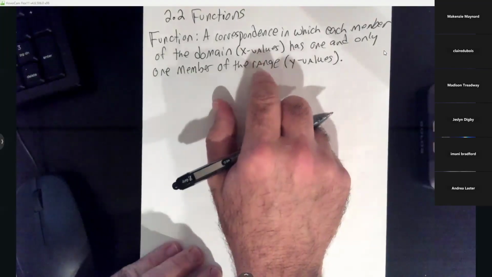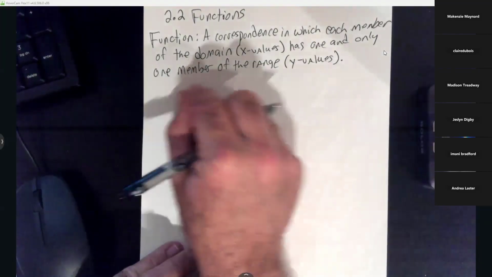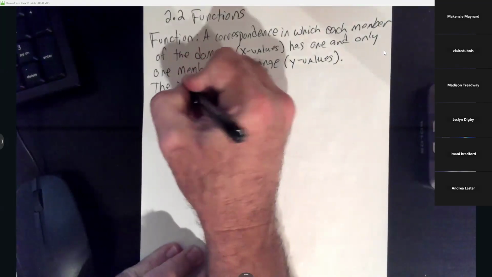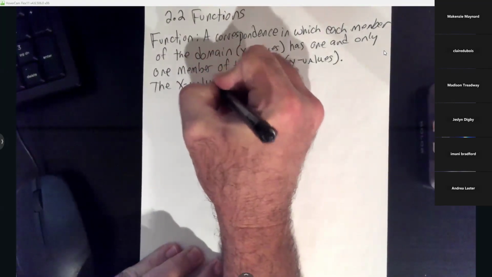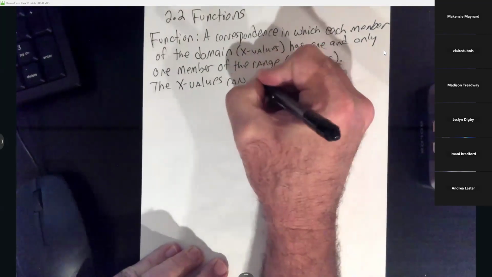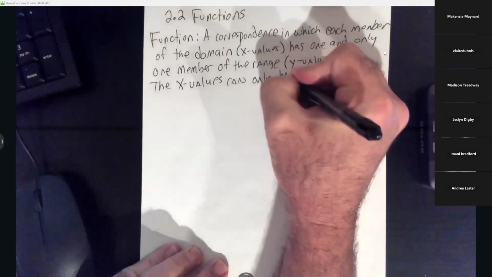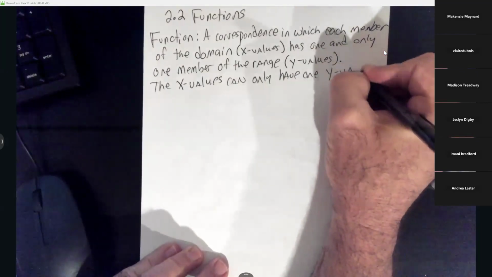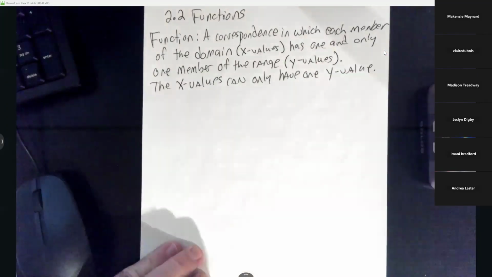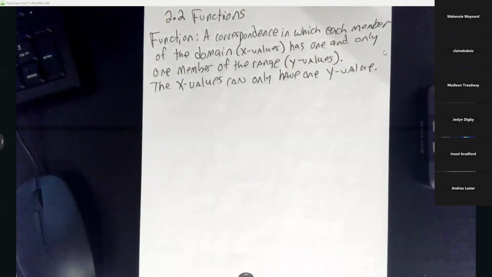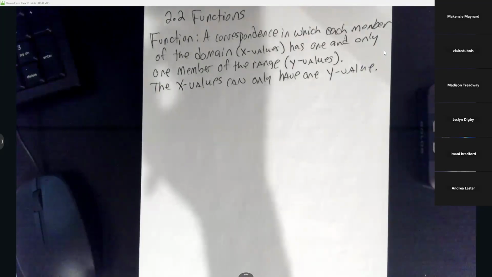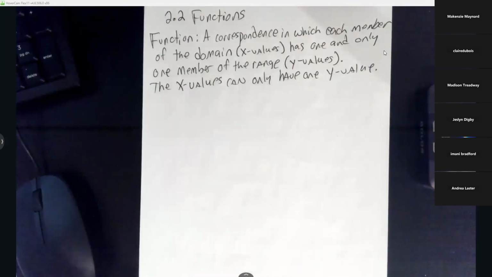So basically what this means is that the x values can only have one y value. Okay? You're going to look at the x value. Does the x value only have one y value? If it does, then it's a function.